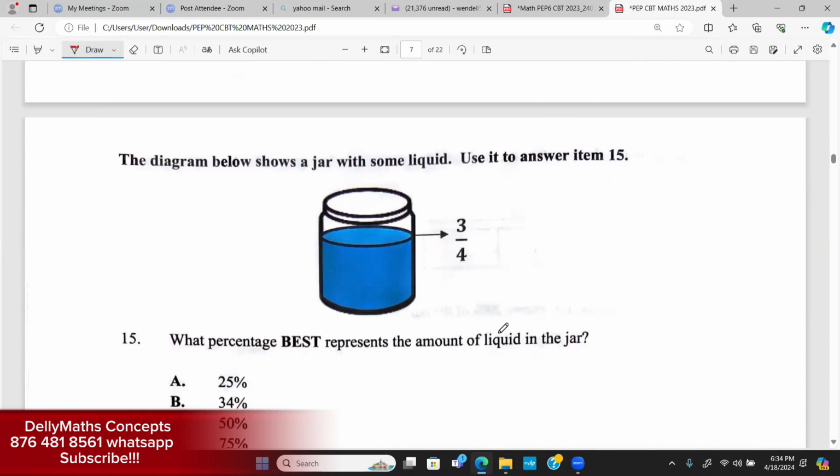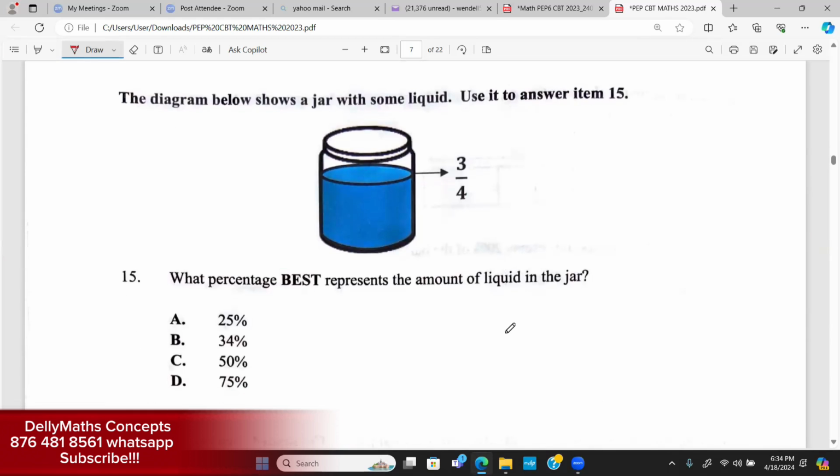Look at this jar here that we're dealing with. It says what percentage best represents the amount of liquid in the jar? Best represents. What you can do is to take a look at what this is. Now, they already tell you that this is 3 out of 4. So we did a similar question already, because 3 out of 4, turn this into percentage. Percentage means out of 100.